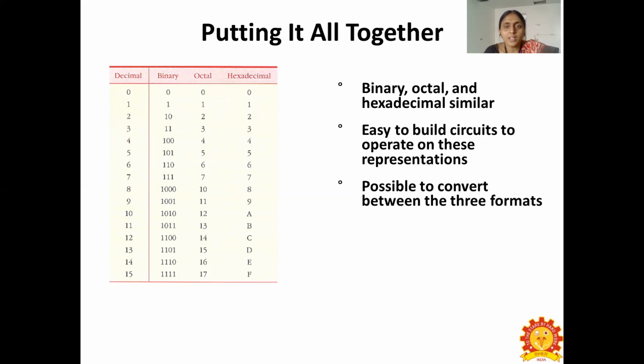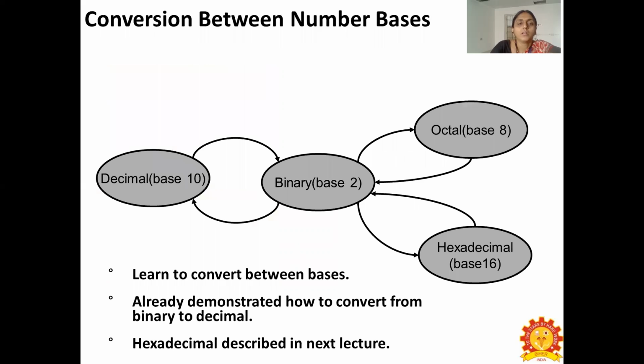So here binary, octal and hexadecimal look more or less similar, and it is very easy to build circuits to operate on these number representations. And it is possible to convert from any number system to another number system. So, conversion between number bases.